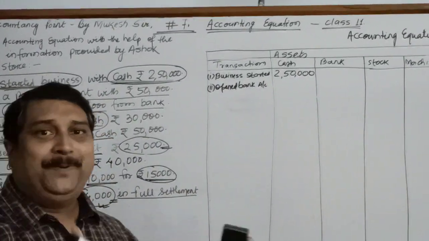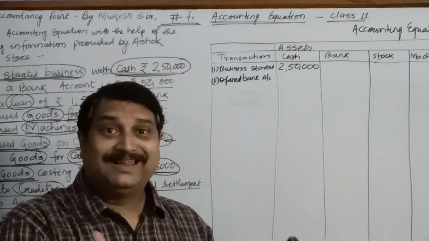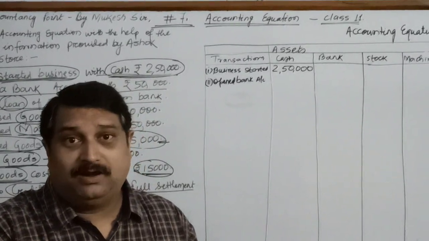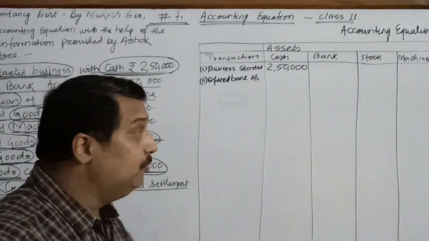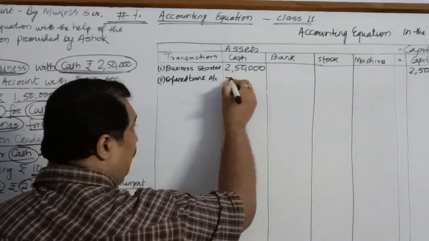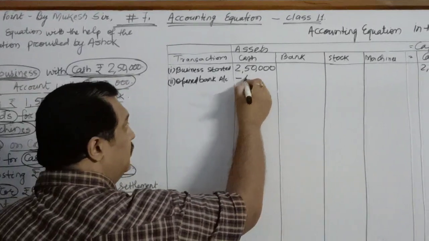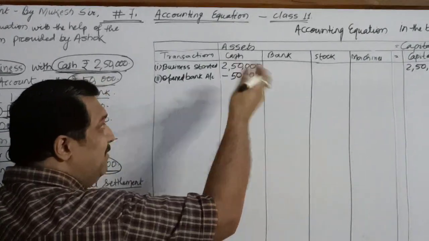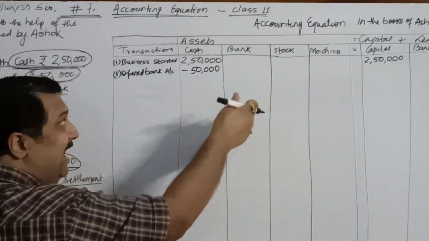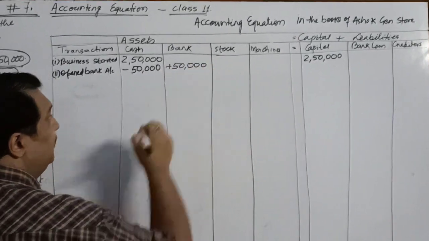So when you will open bank account, what will happen? How will you open your bank account? You will deposit cash into bank. That means cash will reduce. So minus from cash. How much have you deposited into bank? 50,000. So from your cash you will decrease 50,000 and money will get deposited in your bank. So your bank balance will increase by 50,000.